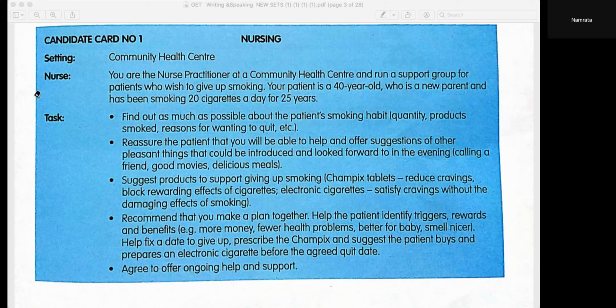So will you be able to try with those? Yeah, of course. I'll definitely give it a try. I just want to give up smoking as soon as possible. That sounds good.